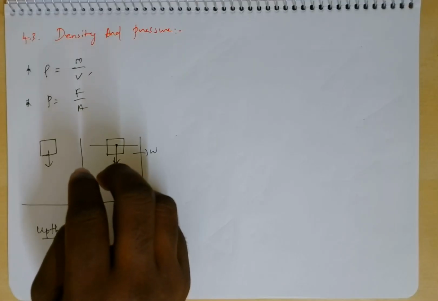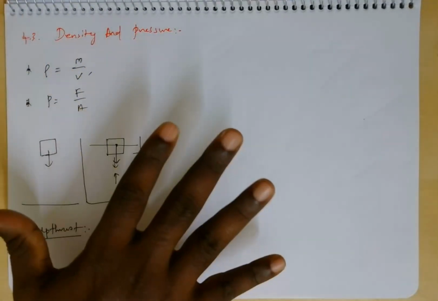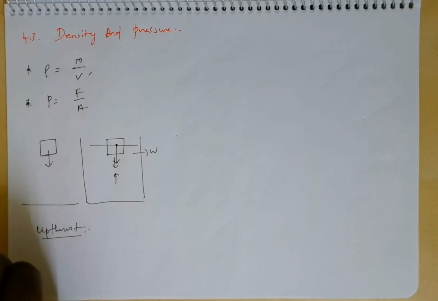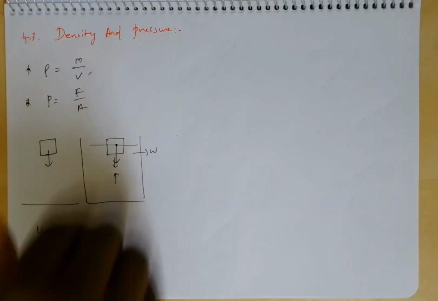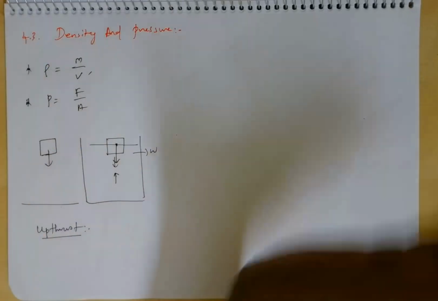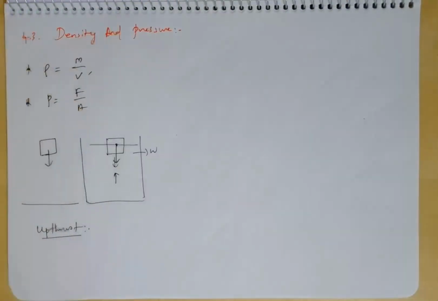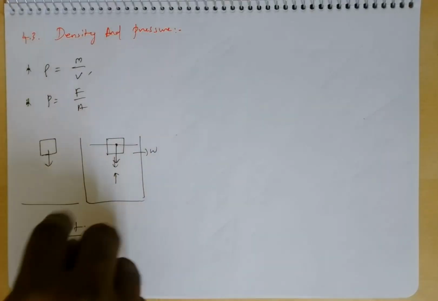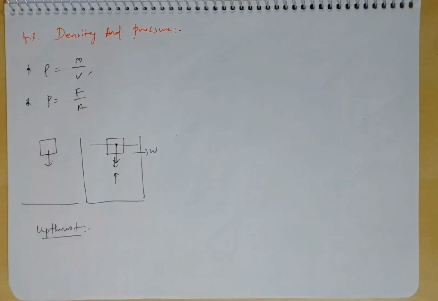Is it clear? Drag works on every direction, doesn't matter which direction you are moving. But upthrust, you will see variation only if you move up and down.